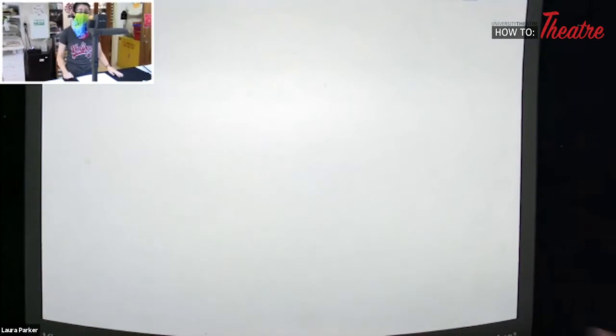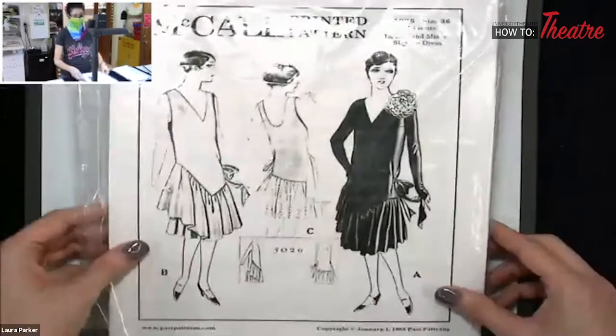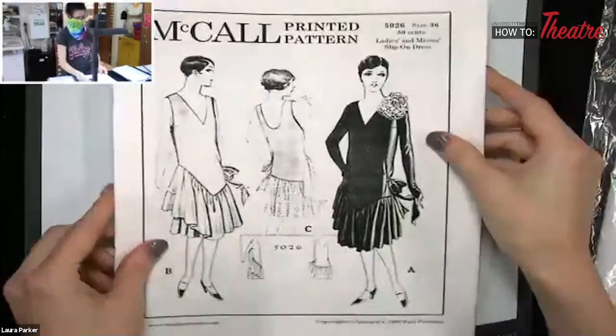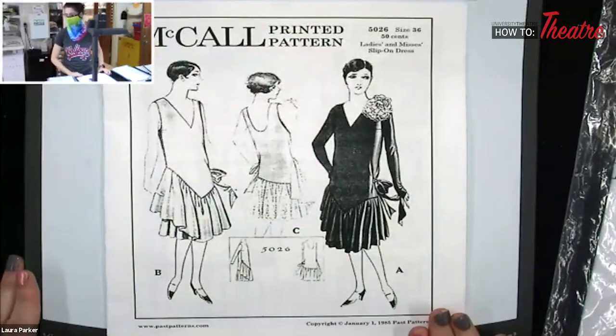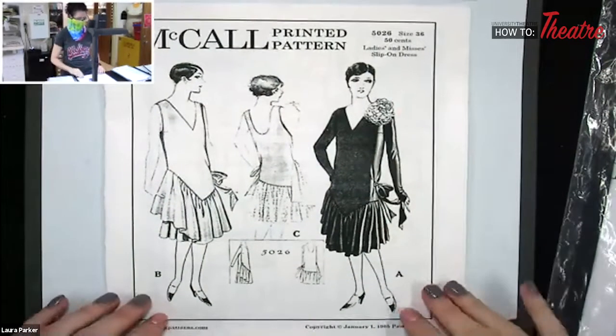So if you don't have access to actual antique patterns, you can purchase them online. The price varies, but you can get them pretty easily on eBay, on Etsy, on lots of reseller sites. There are also companies that actually have reproduced a lot of these antique and vintage patterns.